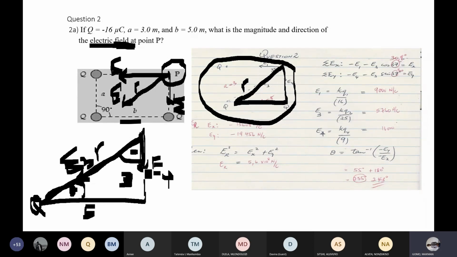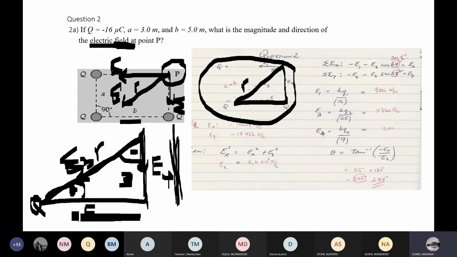So speaking of that, this is what you are going to have. You are going to have a component this side. You are also going to have a component that side. I'm sure it's visible. The component this side is going to be your horizontal component. Then the component that side is going to be your vertical component.